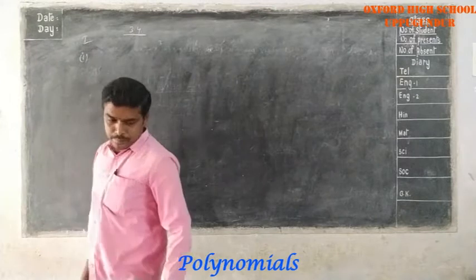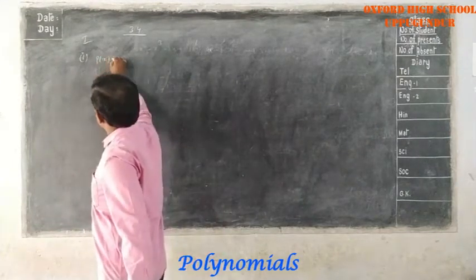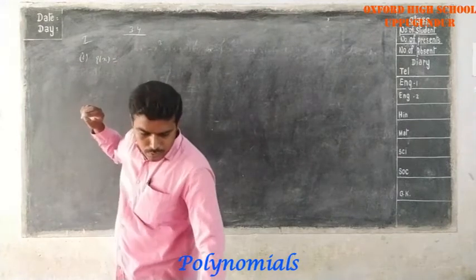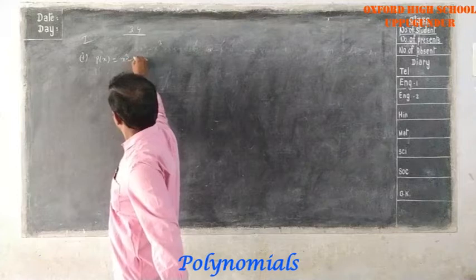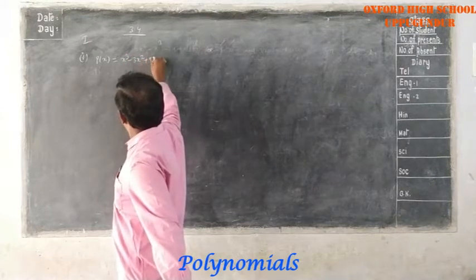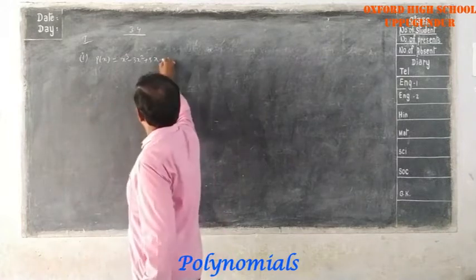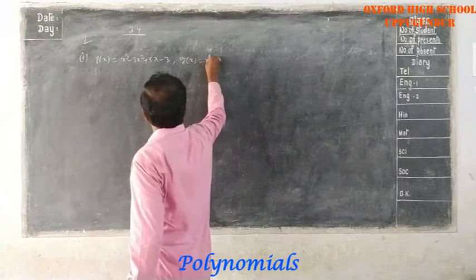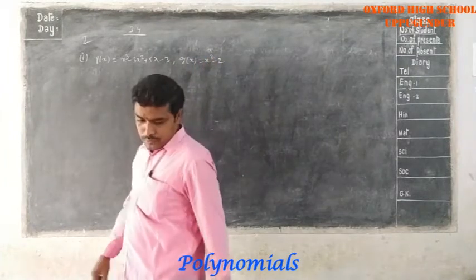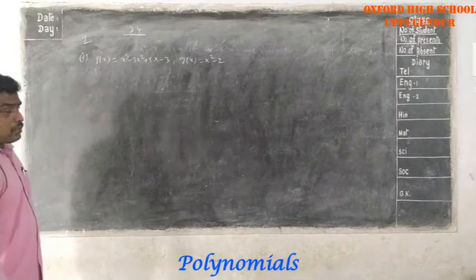First one. P of x equal to x cube minus 3x square plus 5x minus 3, g of x equal to x square minus 2. So here you have to find the remainder and quotient.